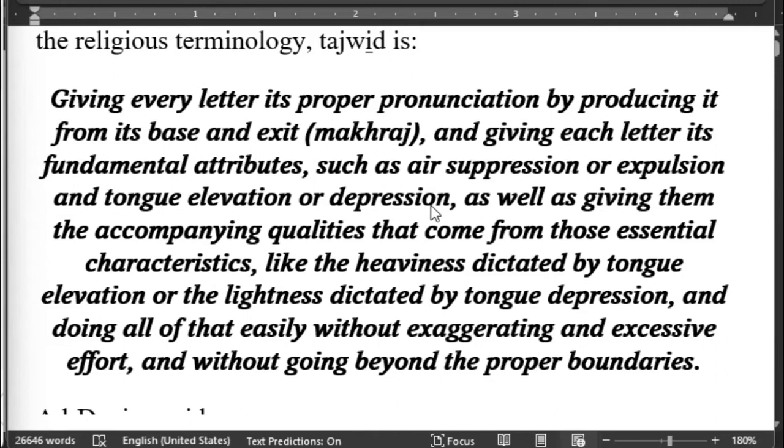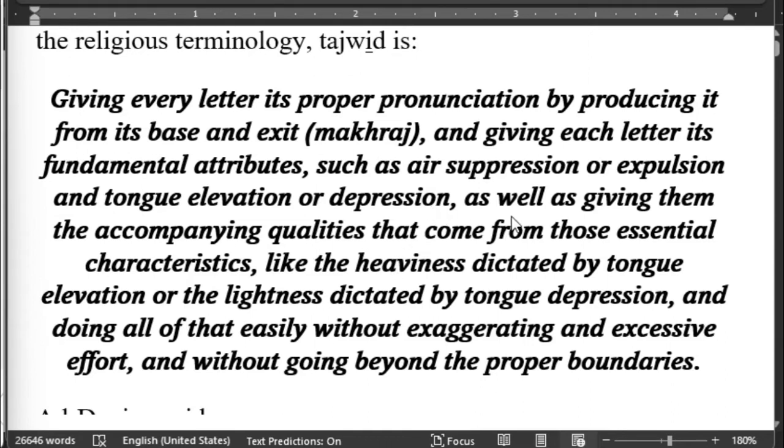Or if you say letter wow, don't you see how your tongue is down? Your tongue going up or being down, elevated or depressed, that affects the letter itself and gives the letter some accompanying qualities.